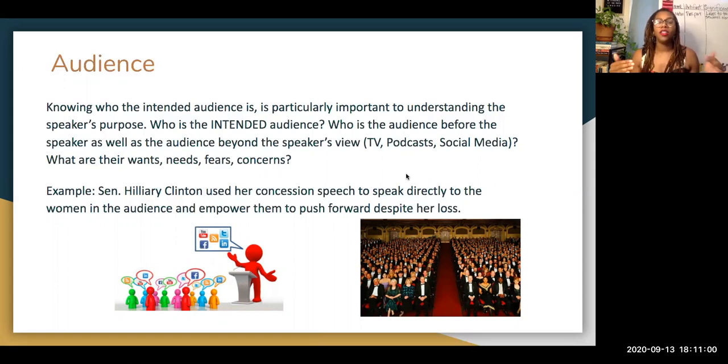There are different levels of audiences, but you want to be thinking about who the speaker is addressing at the time. So for example, when you finish reading "Letter from a Birmingham Jail," Dr. King is not speaking to us, okay? We're the reader, but we are not the folks he is addressing.